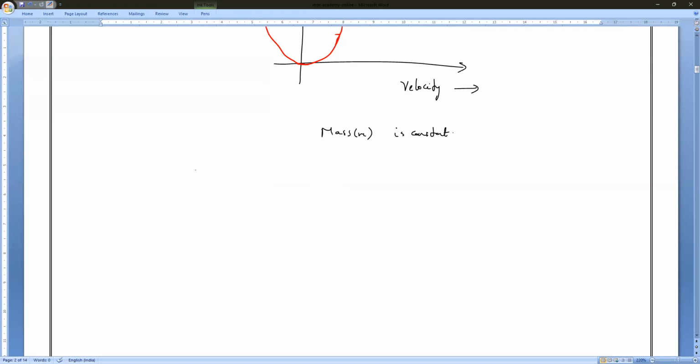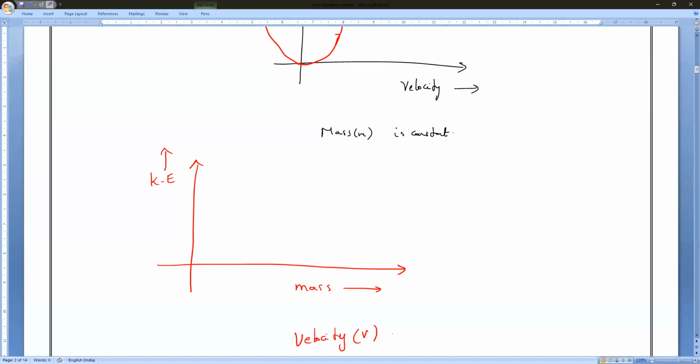Next, if I draw kinetic energy versus mass, what remains constant now? Velocity. Velocity v remains constant.